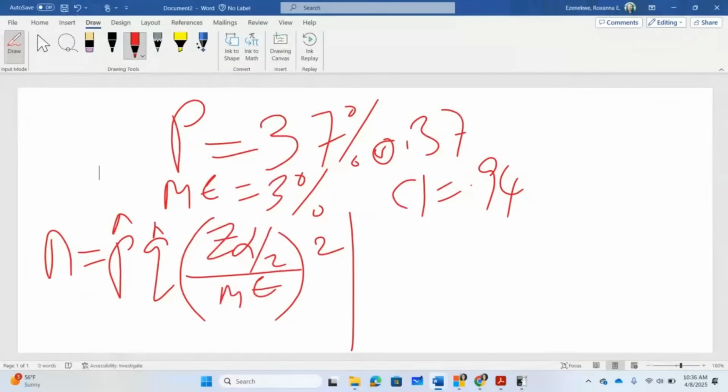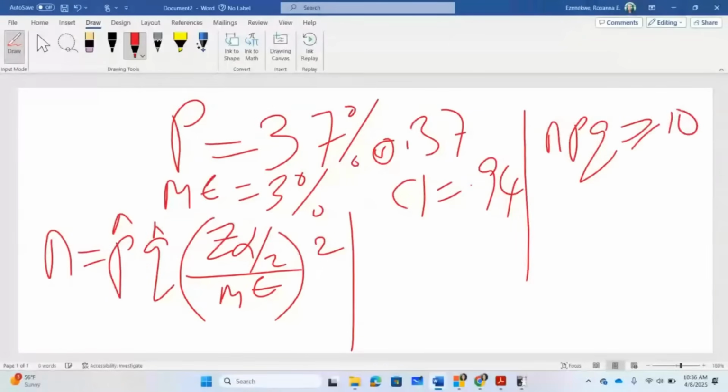Well, it is assumed that the conditions are met. NPQ is greater than 10, and the sample is less than 5% of the population.